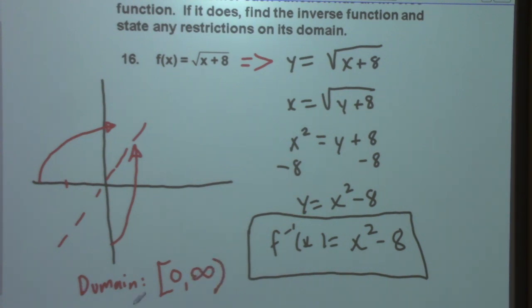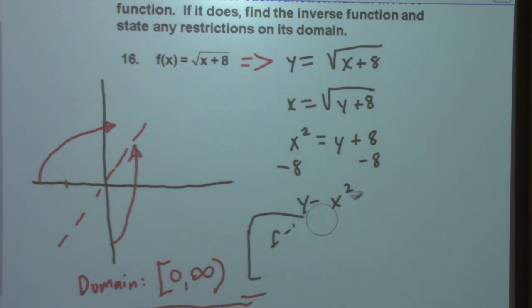So here's our domain restriction. It cannot be negative for this thing right here. This restriction applies to this function here, because otherwise we wouldn't have an inverse function. Does that make any sense? Okay, so that's what they mean by restriction.